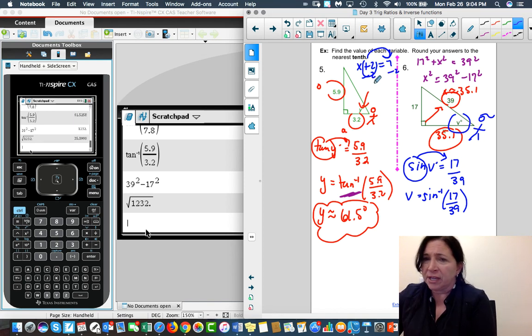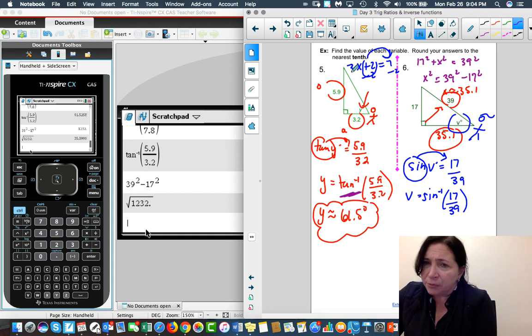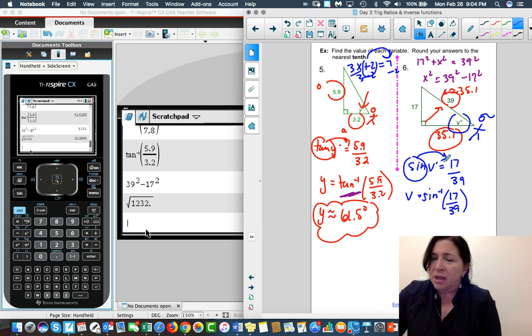See, plus 2, the inverse operation is minus 2. Likewise, if there was, let's say, a 3 in front of the x, and I wanted to solve for x, see how it's 3 times x, I would divide by 3, which is an inverse operation. So technically, that's what I'm doing. I'm taking sine, I'm moving it across the equal sign, and I'm performing an inverse operation. Inverse sine, that's why they call it that.